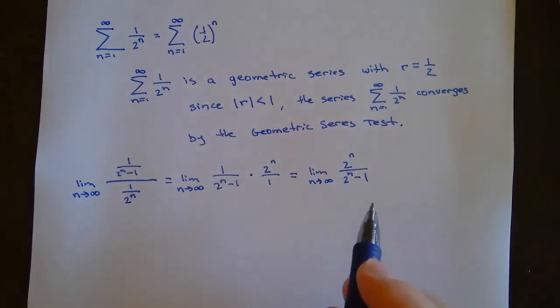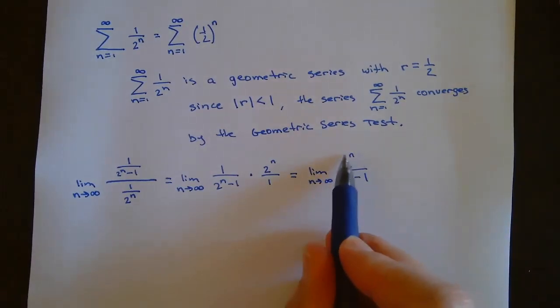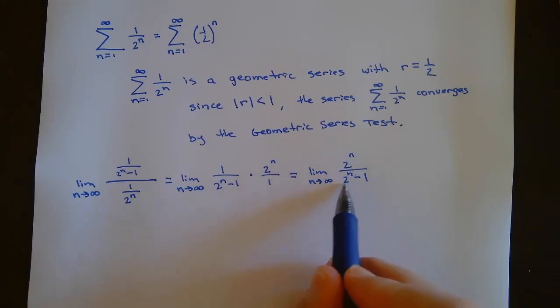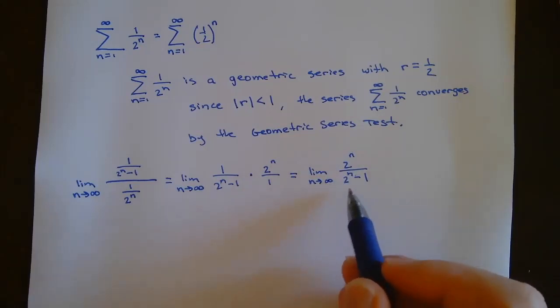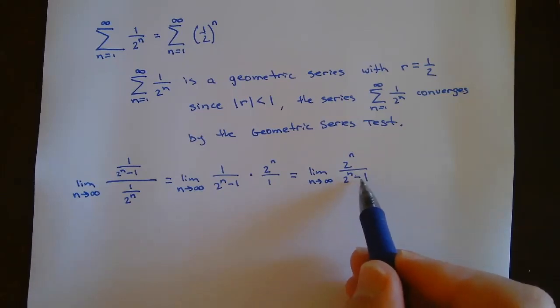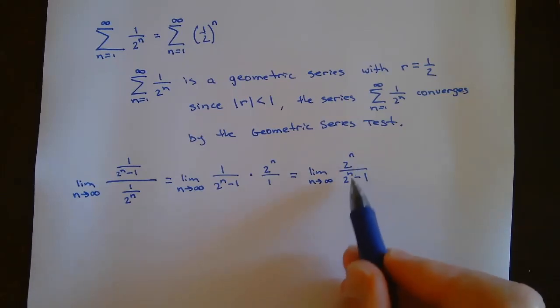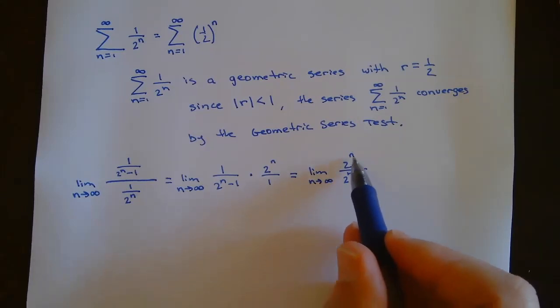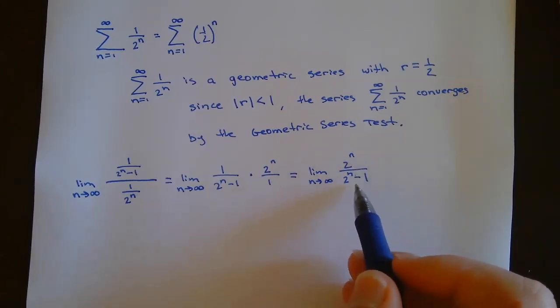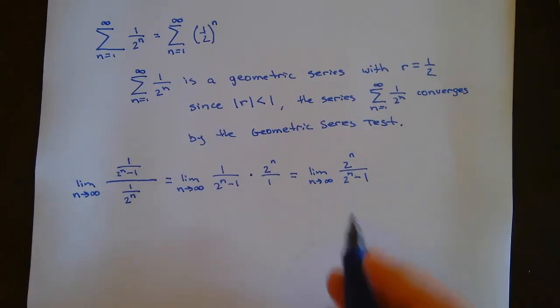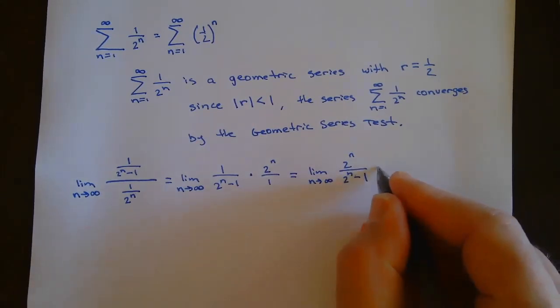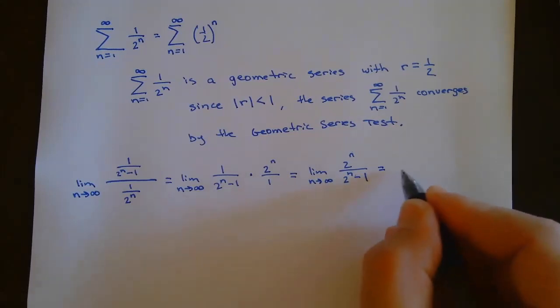Looking at magnitude, the minus 1 is really insignificant. As n goes to infinity, the numerator and denominator pretty much match, and the limit would equal 1.